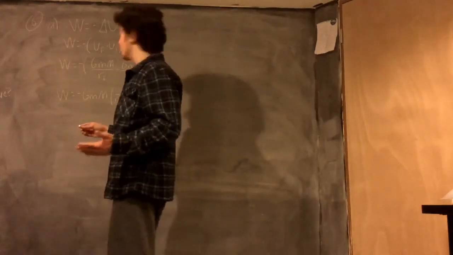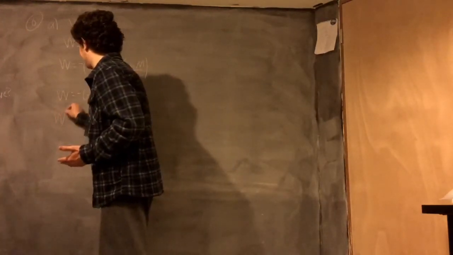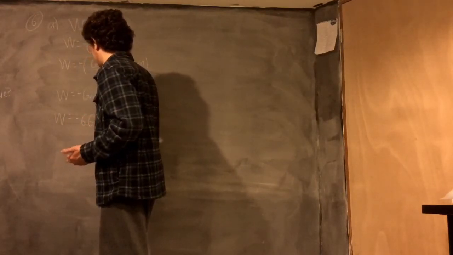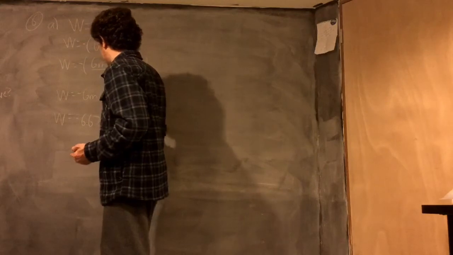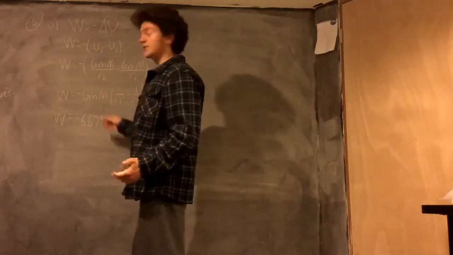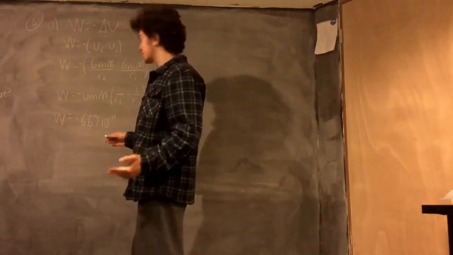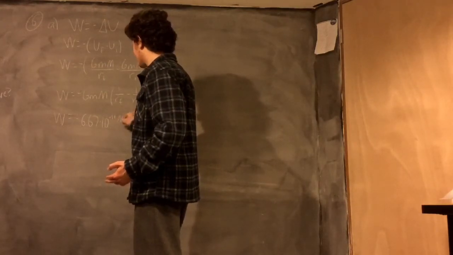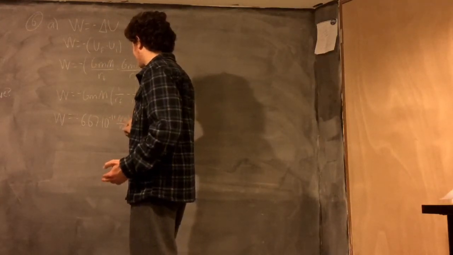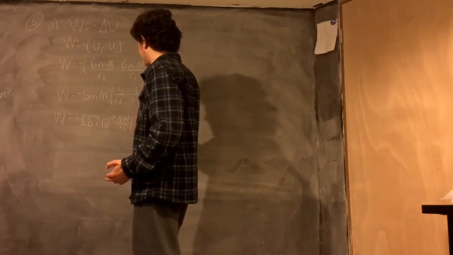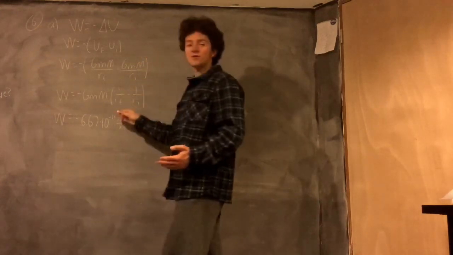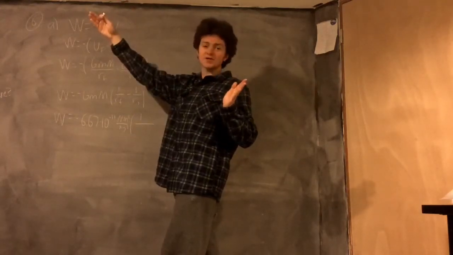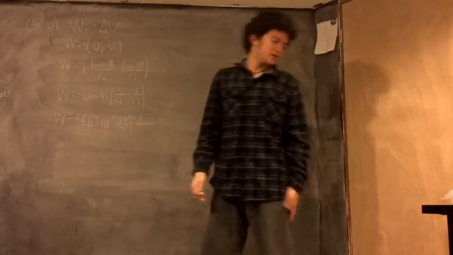So now we get to plug in our known values. G is equal to 6.67 times 10 to the negative 11 newton meters squared per kilogram squared. We know that the final radius is going to be the radius of the Earth plus the extra 997 kilometers.